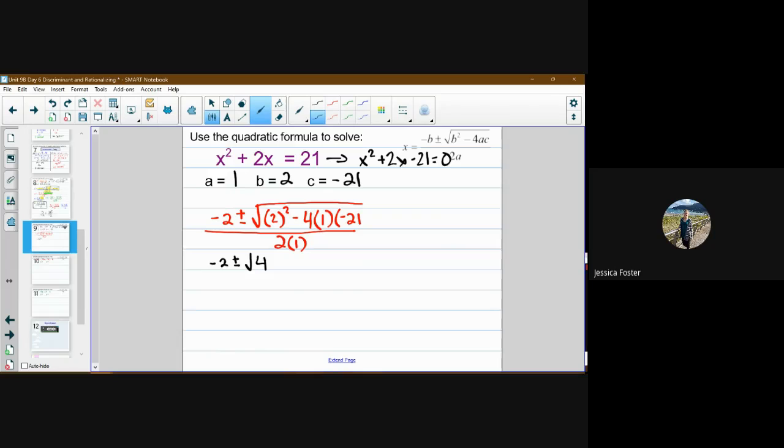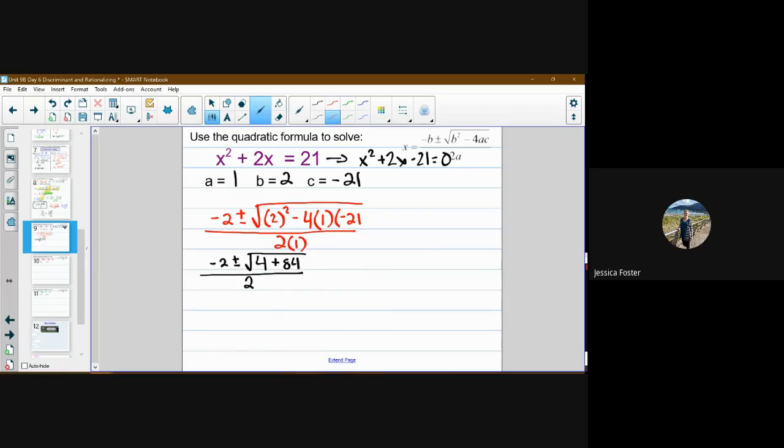And I know 4 times 1 is 4, 4 times 21 is 84. So I've got minus a negative 84, or plus 84, all divided by 2 times 1, which is just 2.